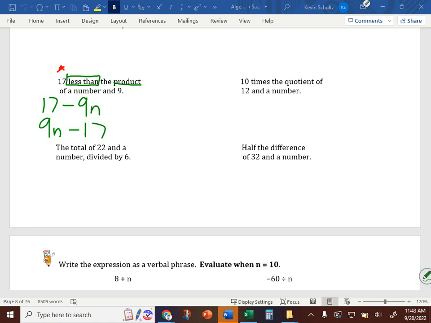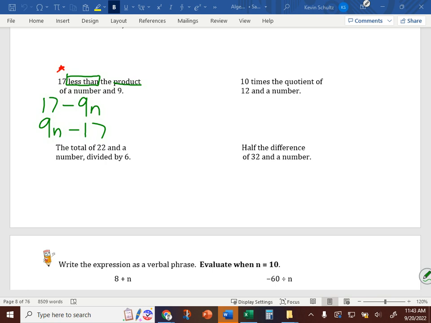The second one. So 17 less than the product of a number and 9 means you're starting with the product of a number and 9 and taking 17 less than that. So it is the second one. With this phrase, the order that they're written is backwards from what you're going to do in the expression.